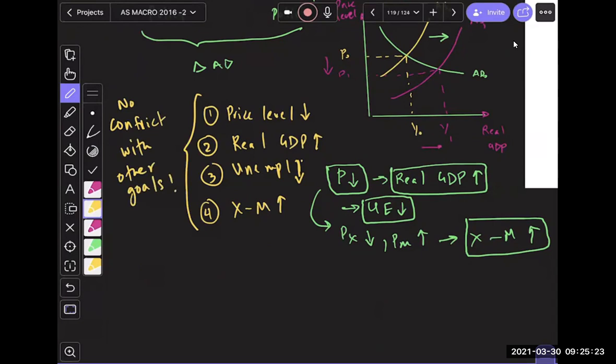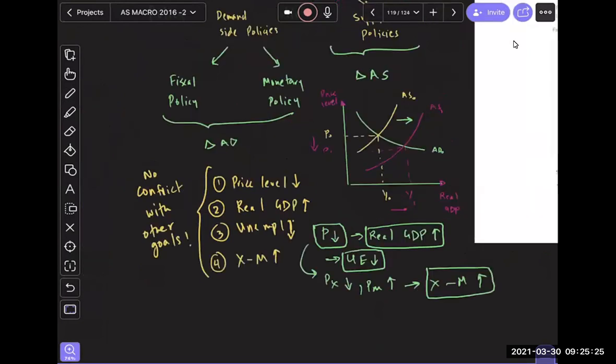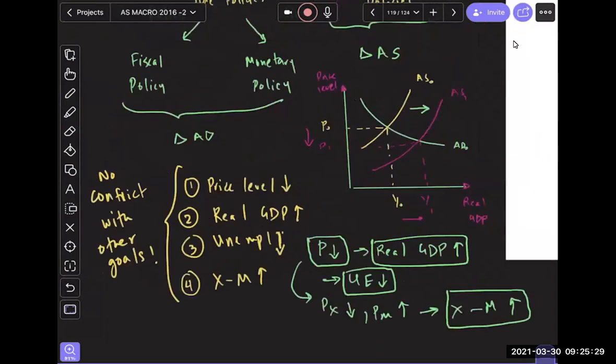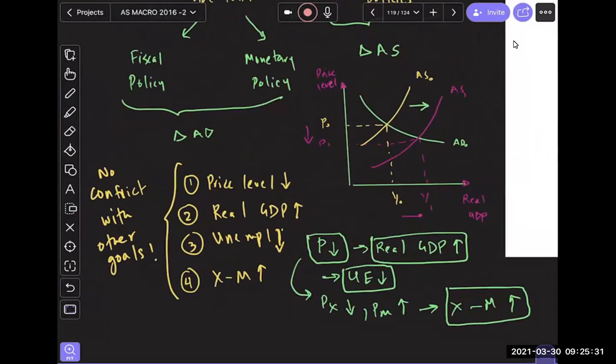So in a way, for a country to really develop and have a higher living standard, one could totally argue that we should be doing supply side policy, where the aggregate supply curve will shift to the right and the economy will do better in all aspects, be it price level, GDP, unemployment, and net exports.